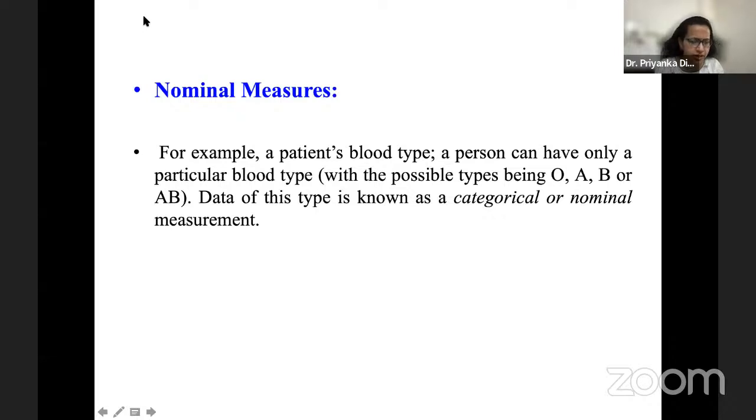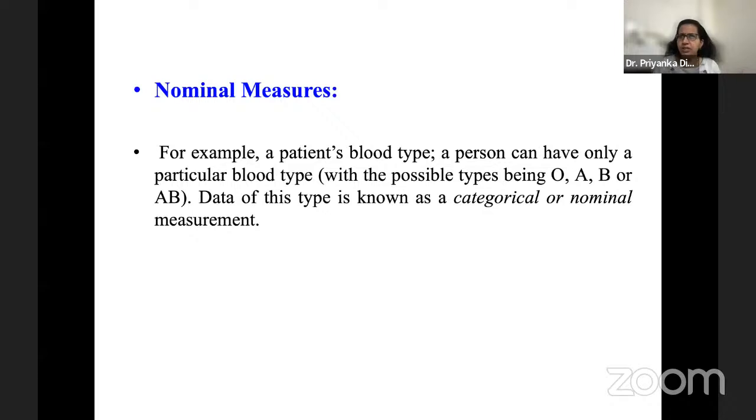Can anyone say whether they know about the level of measurement? So variables can be divided into four, or basically we should say two parts: a categorical variable and a continuous variable, or maybe we can say a scale variable.